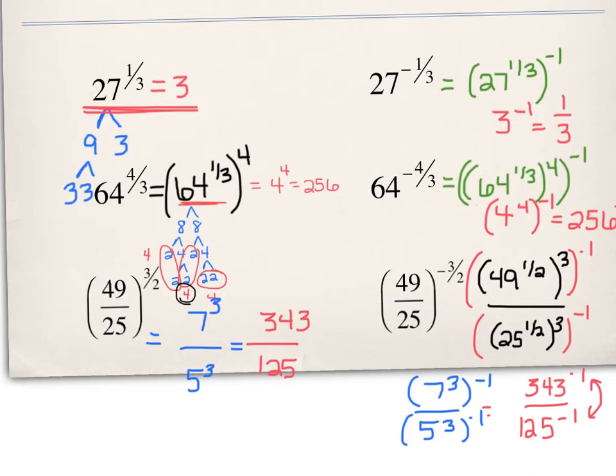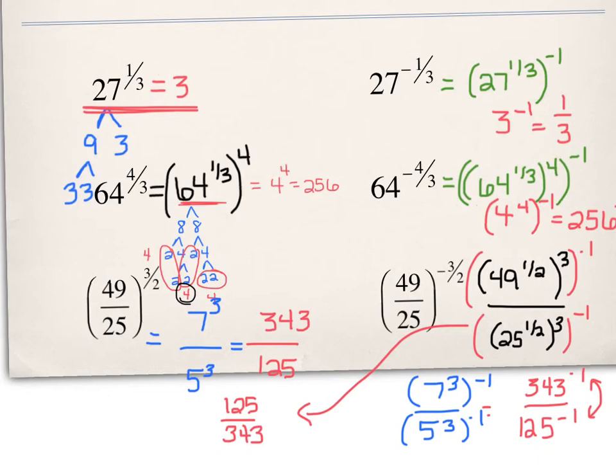So your final answer here, and I do apologize that I'm running short on space and making a big mess of my paper, would end up being 125 over 343. That negative just took my answer from here and reversed it, made it flip over. Really important that you get good at writing these out separately like this, the exponent, splitting them apart, because that gives you your direction. That tells you do this, now do this, now do this.